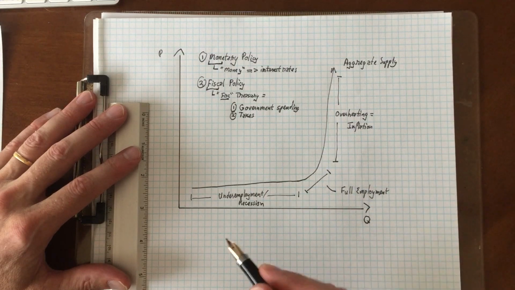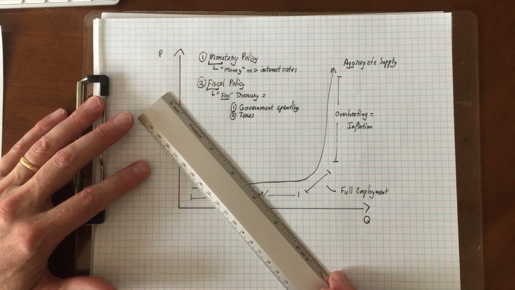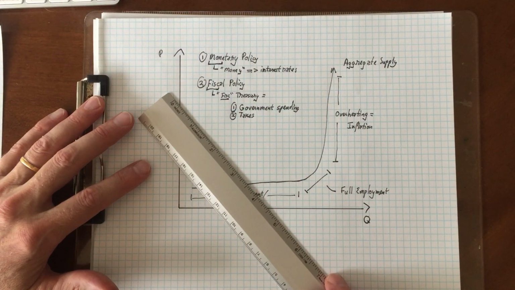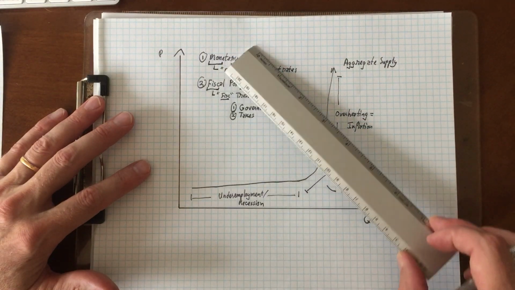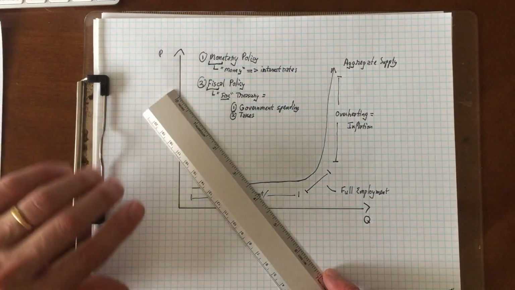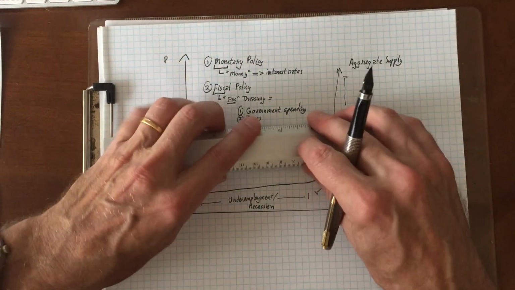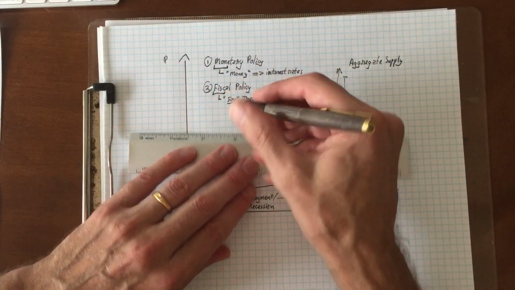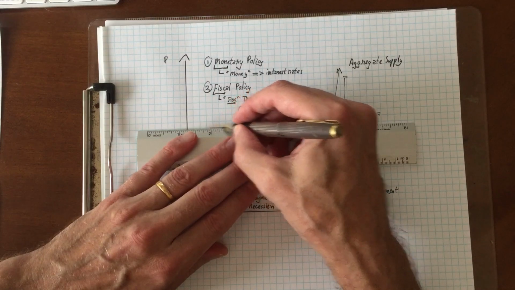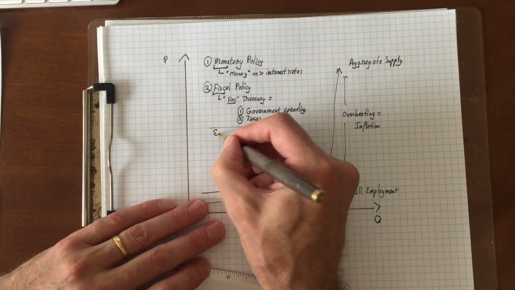All right, now, there are basically two situations you can have where the economy is not running where you want it to run. Either it's running too slow down here, or it's running too fast up here. We'll start with, what do we do if the economy is running too slow? And if the economy is running too slow, just to separate the two, you need to do an expansionary policy.